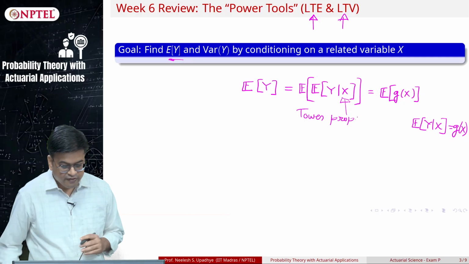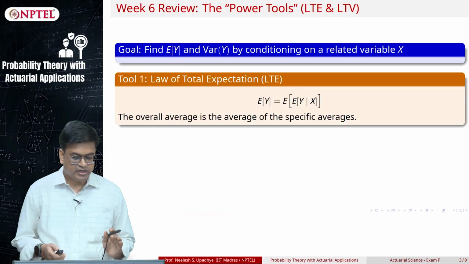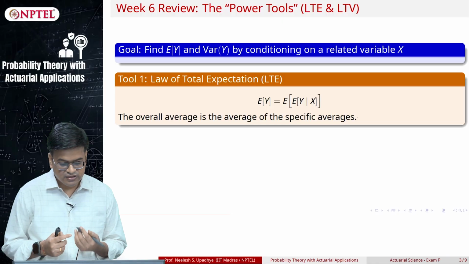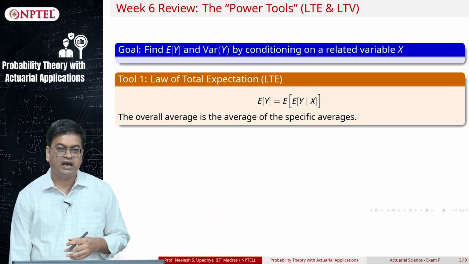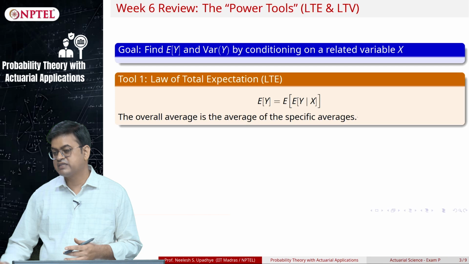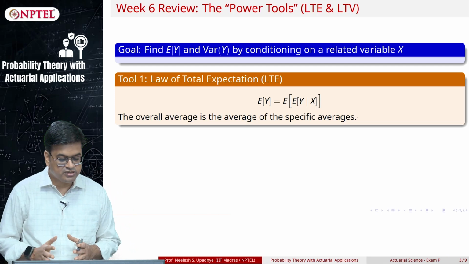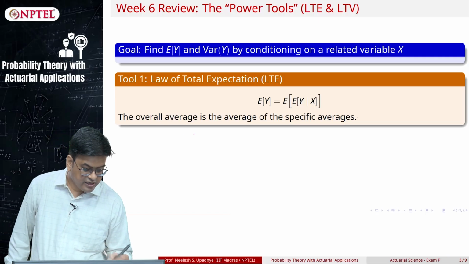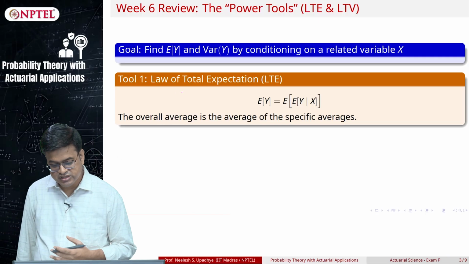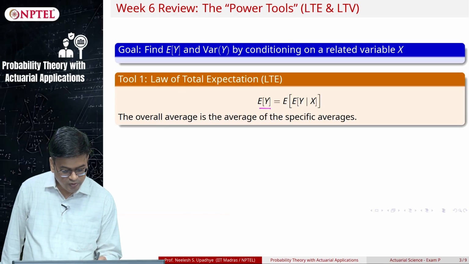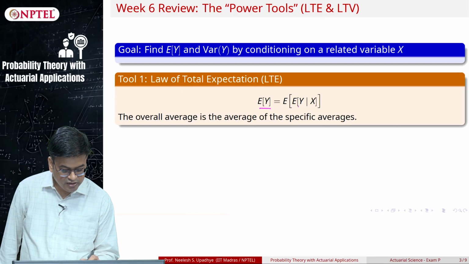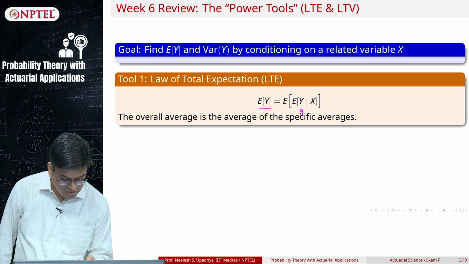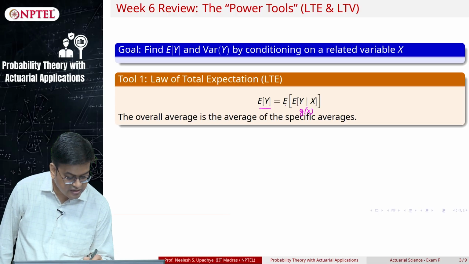If I want to state it formally, the law of total expectation is stated like this. Whenever I take a realization of X, this is like saying I have sliced Y with X equal to x on that probability distribution, and then I am taking the average. So the law of total expectation says the expected value of Y is the expected value of Y given X, which becomes g(X), and you take another expectation of this.